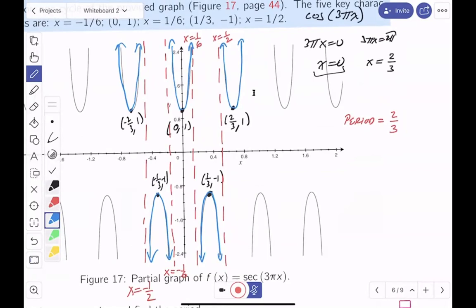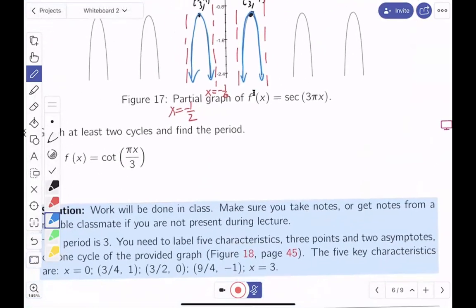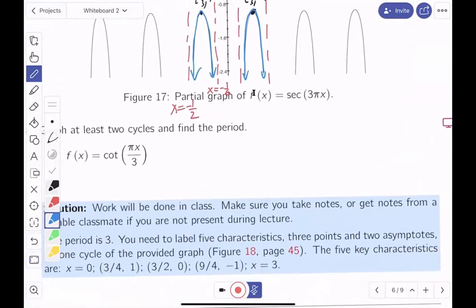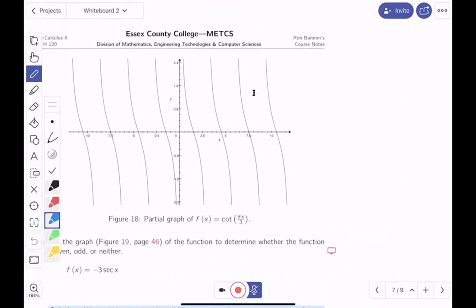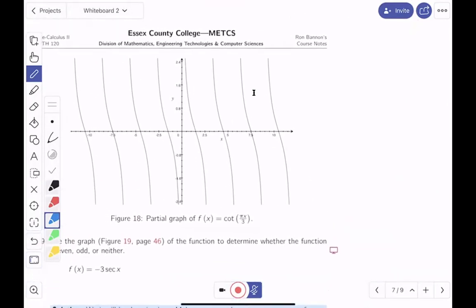All right, let me go to number 8. And number 8 is a cotangent function. I want to go to the next page, which is where I see the cotangent. And I'm going to go through the work. I'll write it down for you. The cotangent function has a beginning and an end.